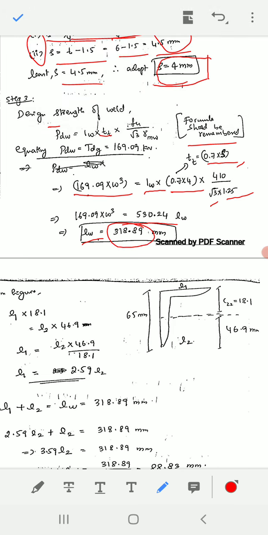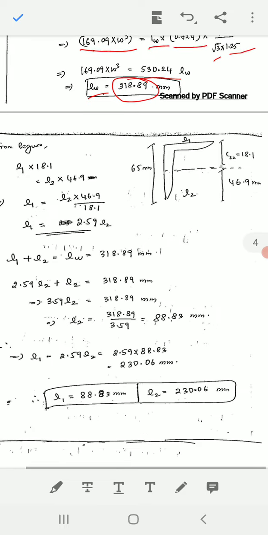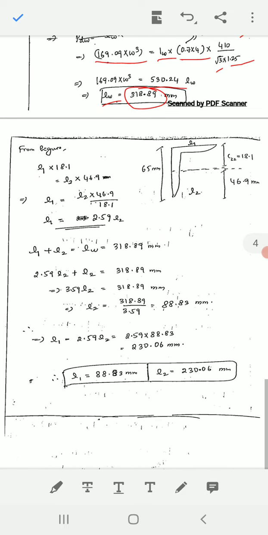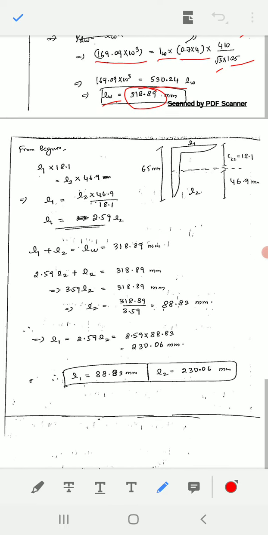Then after this you have to draw the figure, the initial figure, with 18.11 and 46.9, where top is L1 and bottom is L2. From the figure, L1 into 18.11 and L2 into 46.9 is equal.